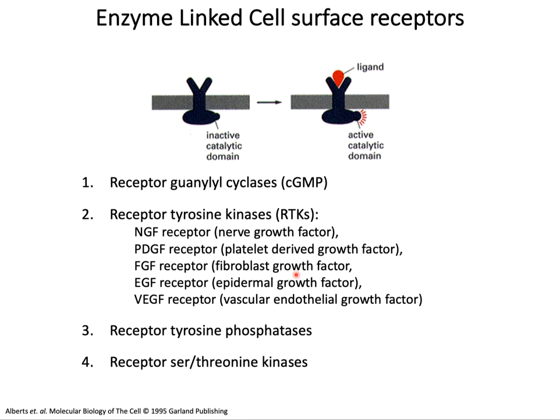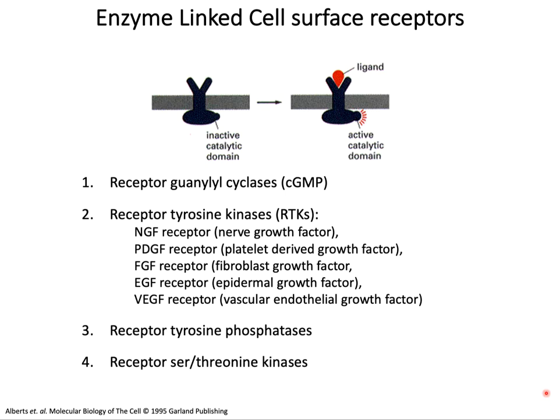There are the receptor tyrosine phosphatases, and as the name suggests, they are cell surface receptors that can dephosphorylate the phosphorylated tyrosines. And then there are receptor serine threonine kinases, and these are receptors that can phosphorylate serine and threonine residues in other proteins.